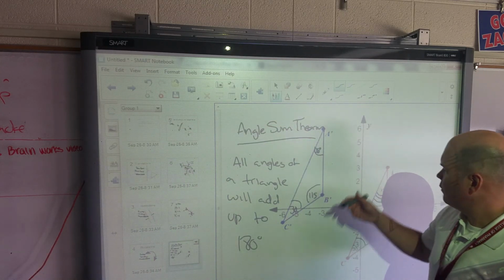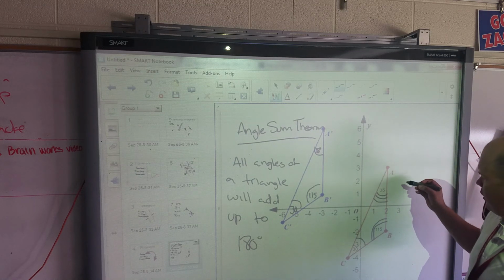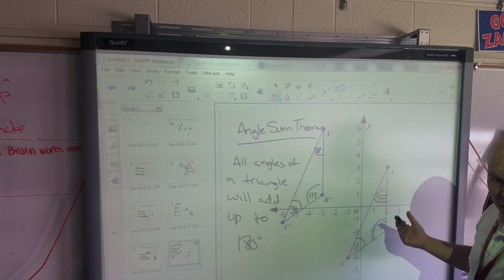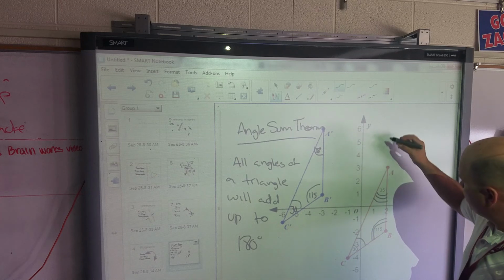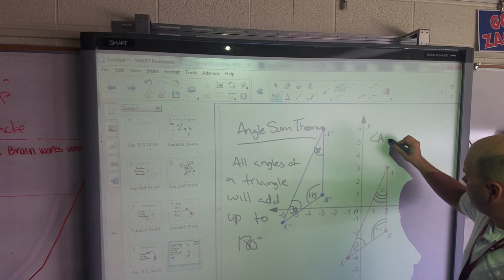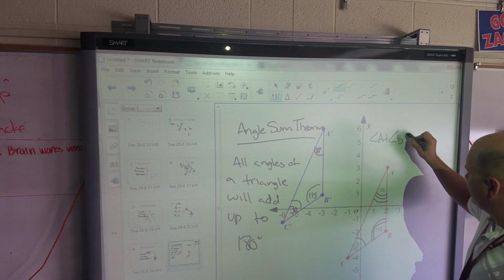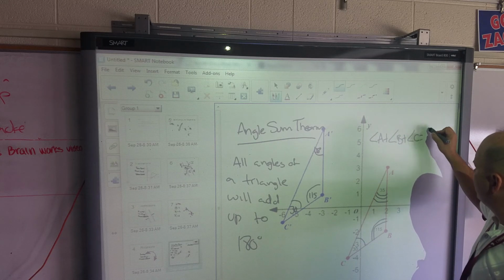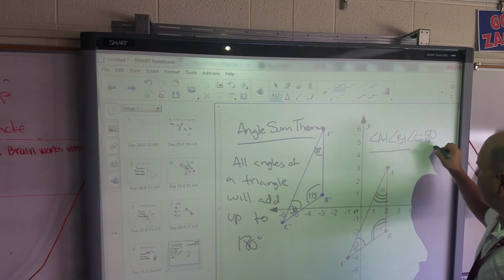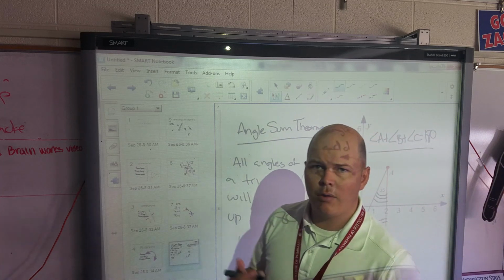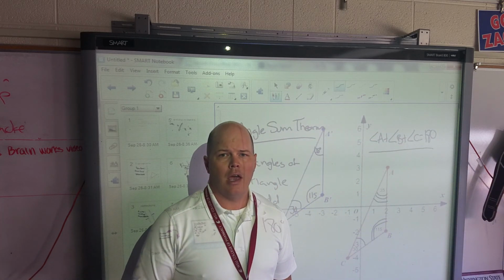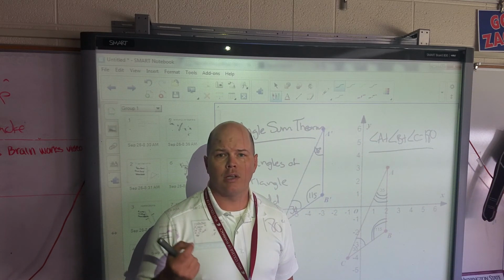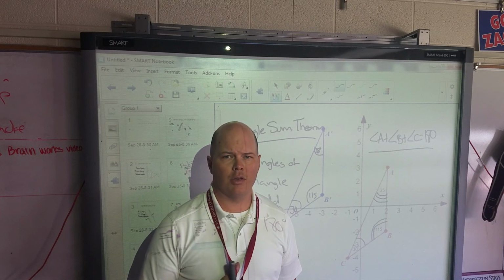So if I'm looking at it from this perspective here, you can always write out an equation, which for this one would be angle A plus angle B plus angle C equals 180. And that's going to be the gist of our lesson today, how this angle sum theorem works and how we write equations so we can solve for the angle sum theorem every time.